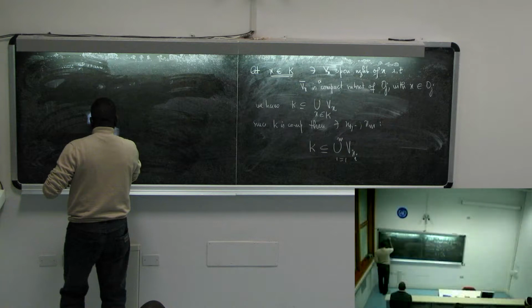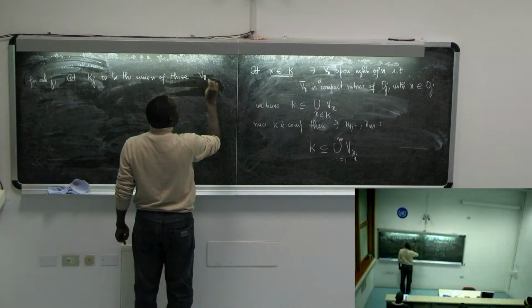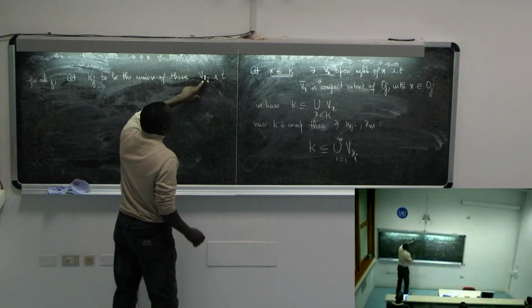Now I define, for each j between 1 and n, this new set Kj to be the union of those Vxi such that Vxi is in Oj.